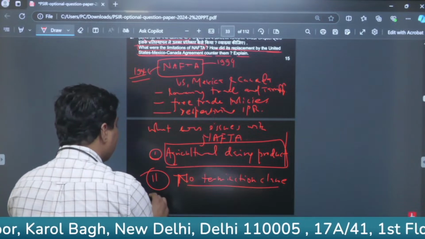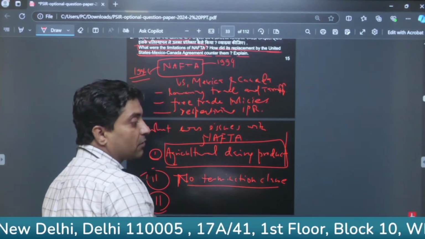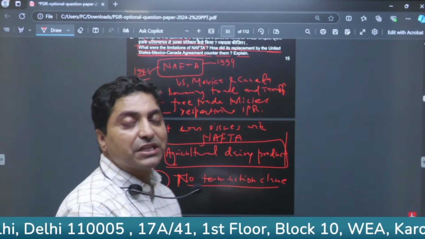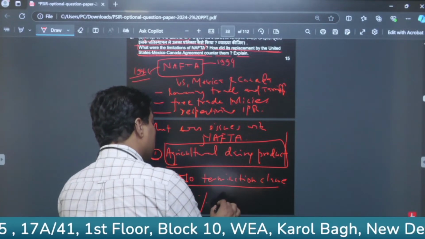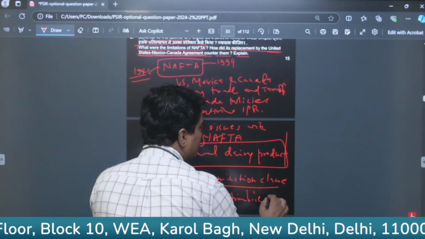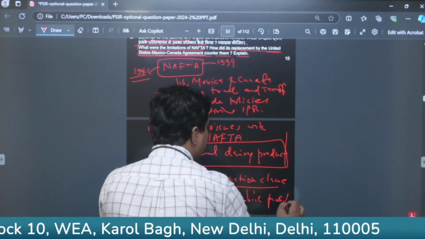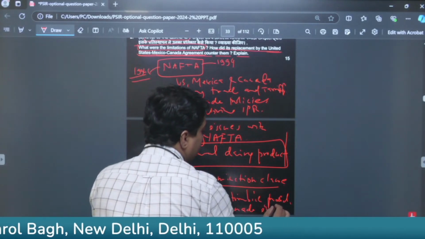Third, automobile production was limited in the US, so only 22% of automobile products were to be made in the US.